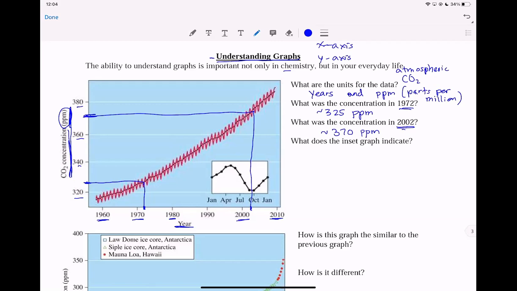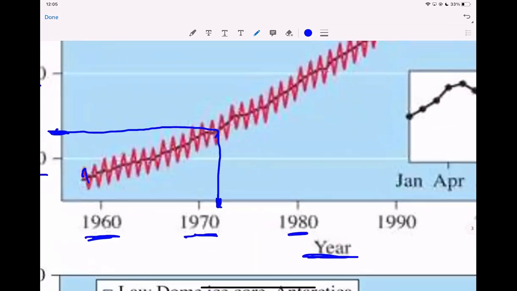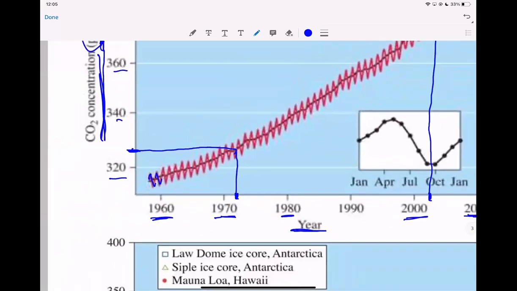So the inset graph indicates the carbon dioxide in just a single year. And that basically is blowing up just one of these. So in 1 year, you have an up and a down. Okay.